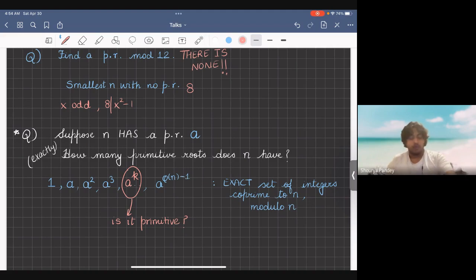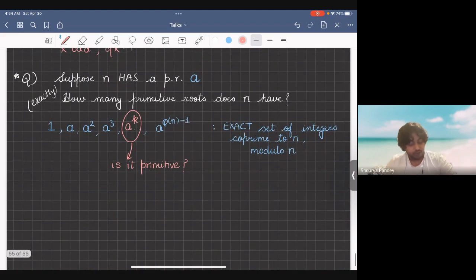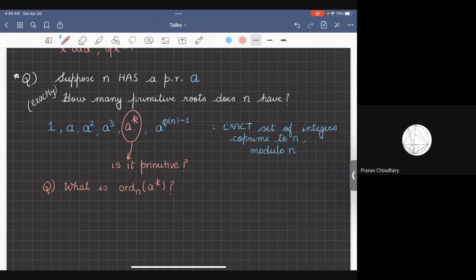So a simpler question is, for what k? What is the order of a to the k? Remember that we've seen this before. You can go back to it or you can rethink the proof of it. It's the order of a divided by the GCD of the order and k.